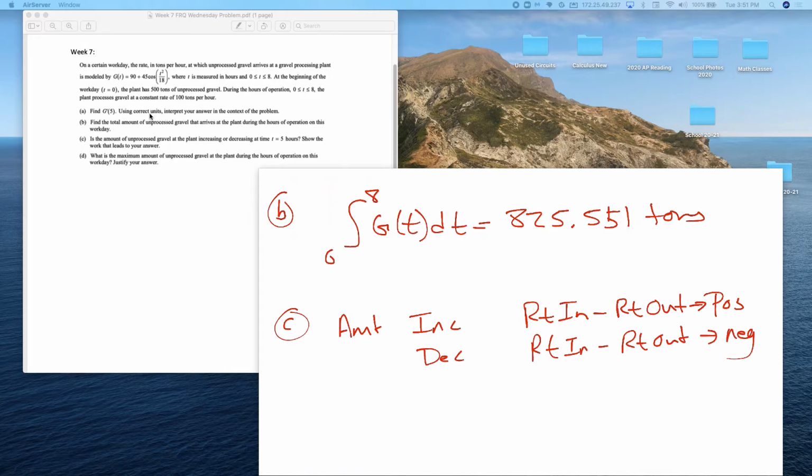So what we want to do is figure out, well, what's G of 5 minus 100?